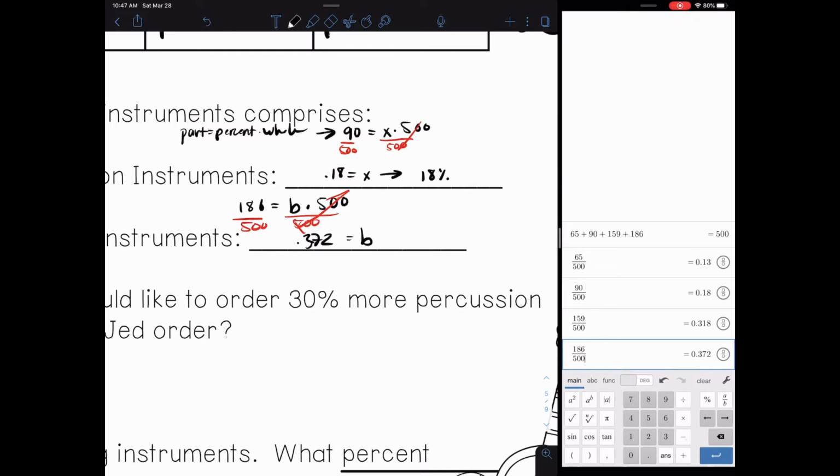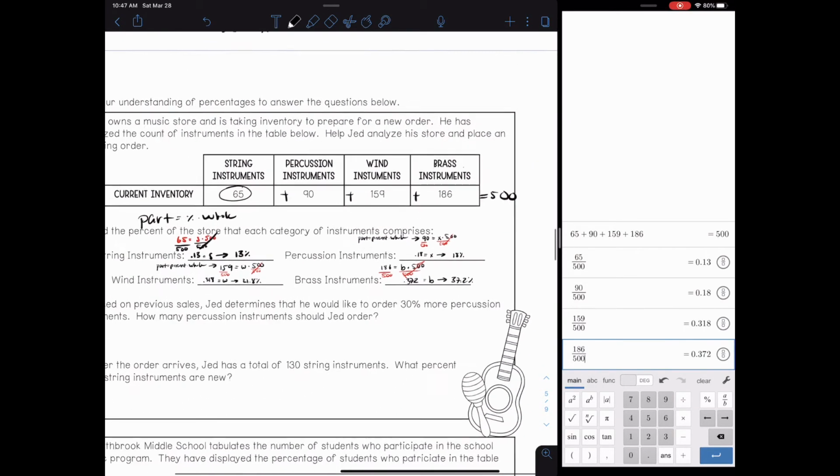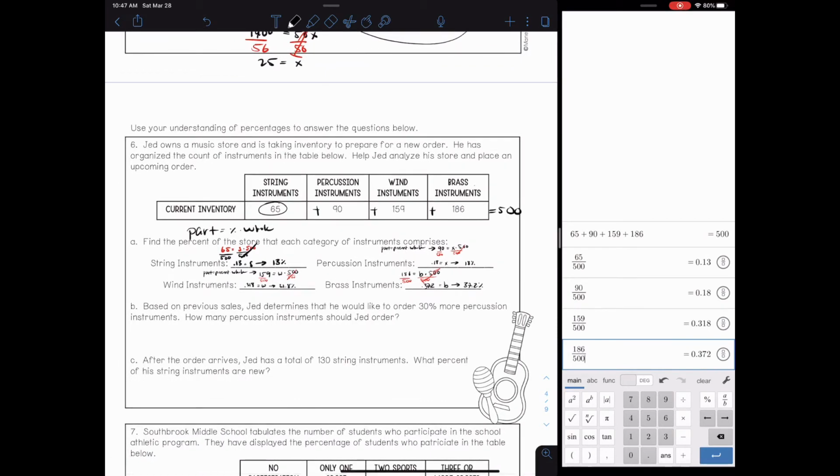And then that's going to be 37.2%. All right, so that was the top portion where we're finding the percentages.